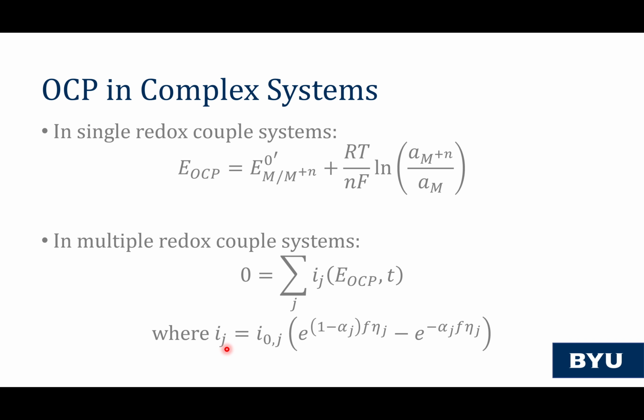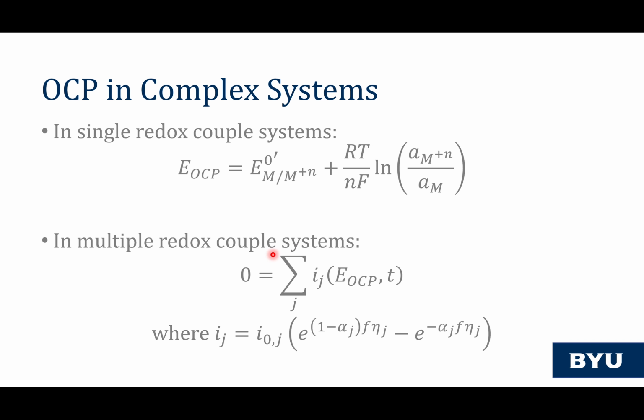Next, I want to talk about open circuit potential. So we can define it simply with the Nernst equation when there's a single redox couple. Here, this would be for an ion and its metal as the electrode. But what if there are multiple redox couples in our system? Well, then how the open circuit potential is defined is when the currents all balance out to zero.